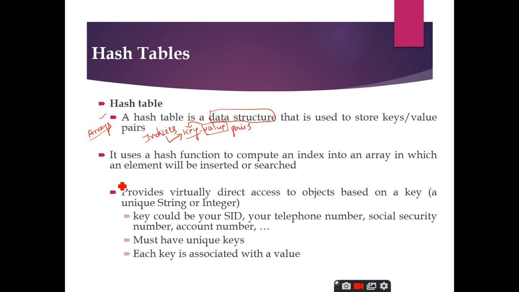Yes, sir. Right. So that particular hash table provides direct access to the objects based on a key. That is the purpose of what we call indexing, right? In arrays, is it possible to have the random access of the elements? Yes, sir.